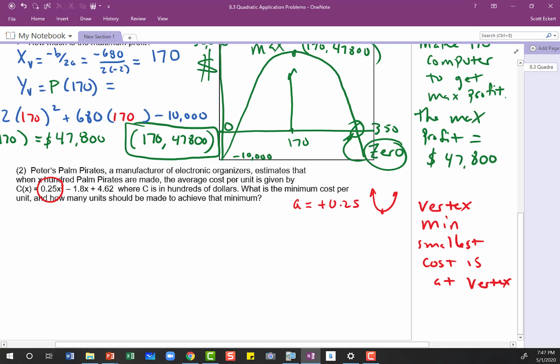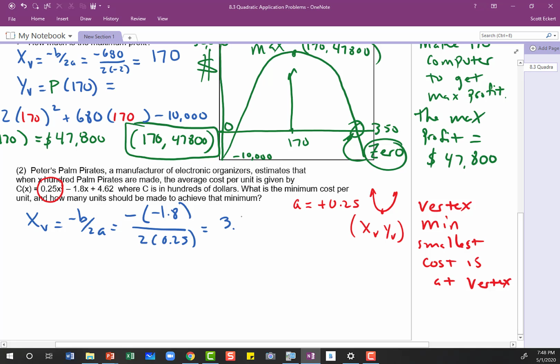Alright, so this becomes about the vertex again. I need to find the vertex point. And so let's do some calculations here. Now we've got the formula, same as before. Negative b over 2a, which will be negative of negative 1.8 over 2 times 0.25. I'm going to plug that into the calculator.